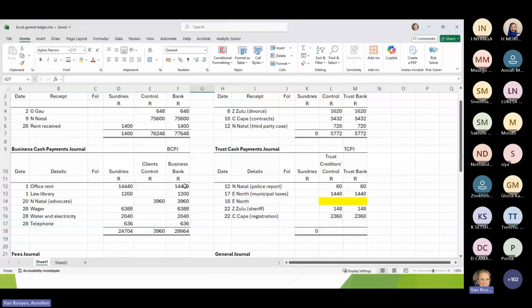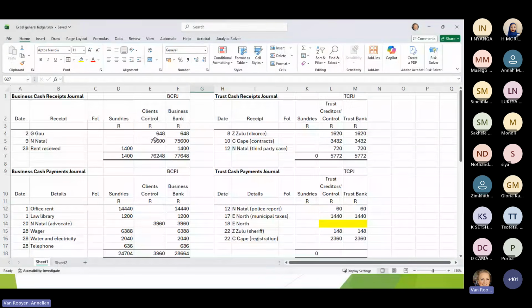A folio we use to find or to track this transaction. Where did we go with this transaction from the cash receipts journal? Now, you will see in the solution, and I'm going to use the same abbreviation so that we don't confuse you. I want you to make a note of it somewhere because everybody's going to ask me about this.